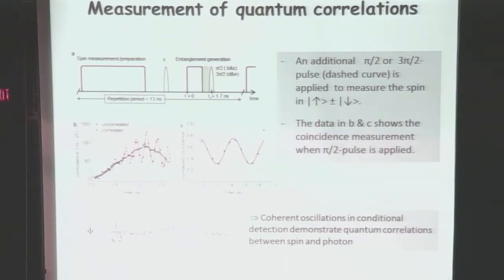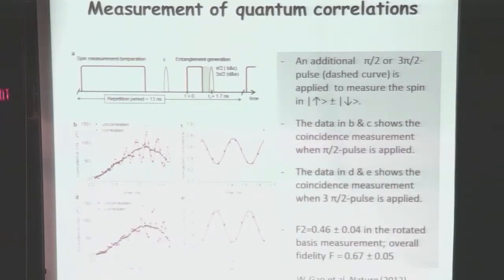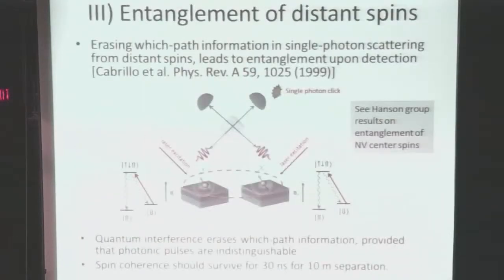And of course, what happens is that these two components beat, leading to oscillations in the detected coincidences. And these oscillations, which change phase if we look at the other projection, tell us that the spin and photon are entangled.